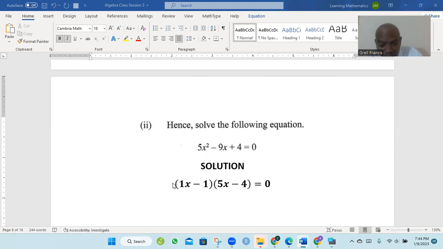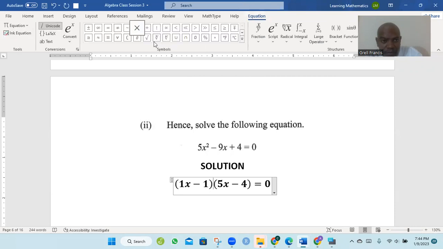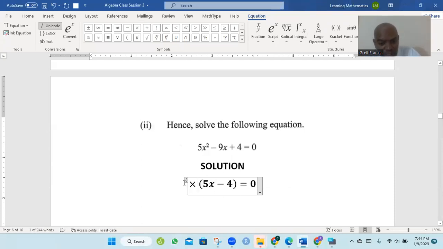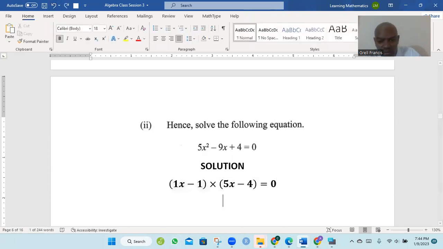So if 1x minus 1 times 5x minus 4 equals 0, it must be that either the 1x minus 1 is equal to 0, or the 5x minus 4 is equal to 0.